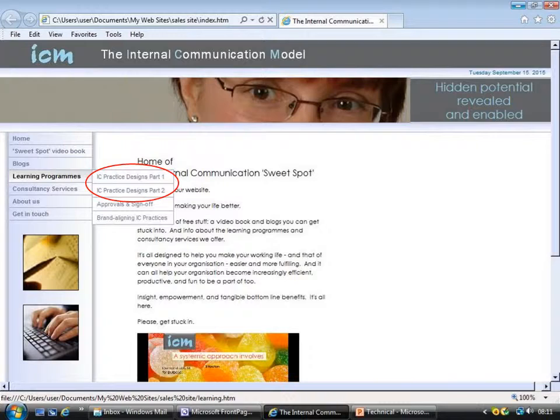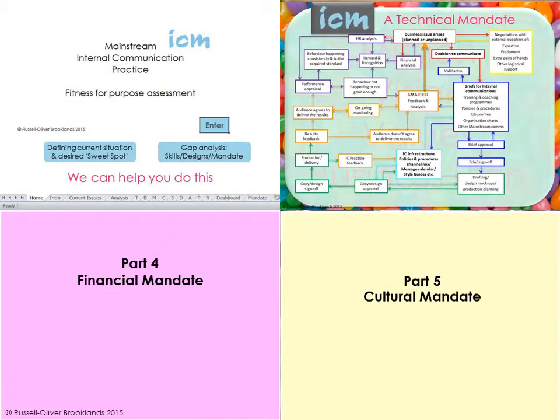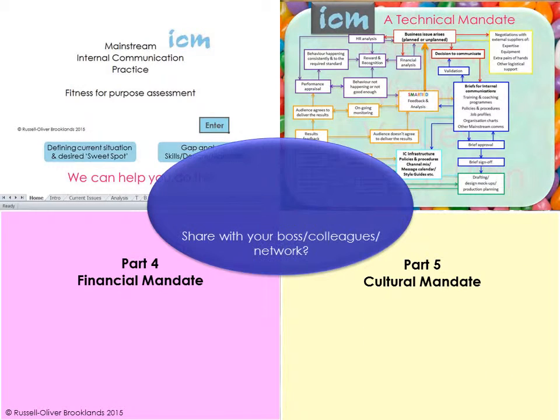Now, of course, if you feel you may need a stronger business case to get the budget you need, or to get your clients and approval groups to let you change their working practices, you may want to move on to one or both of the remaining parts of this book, or share this part with your boss or colleagues.